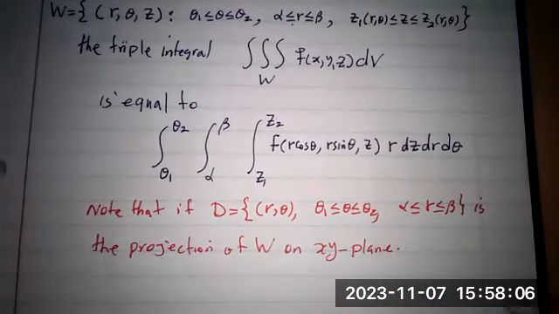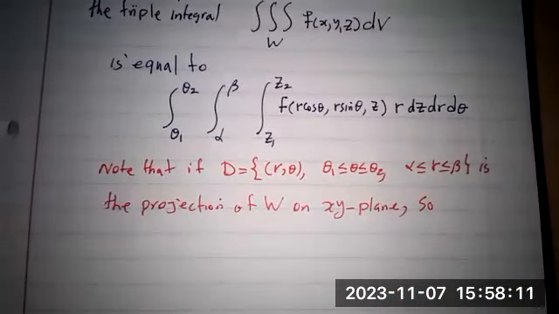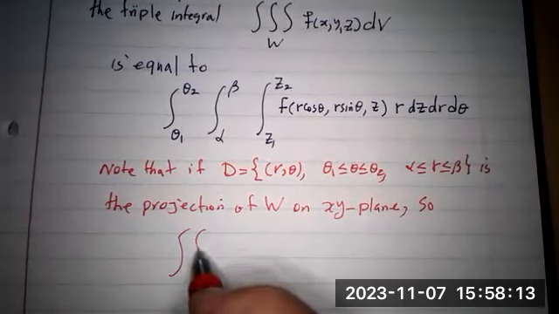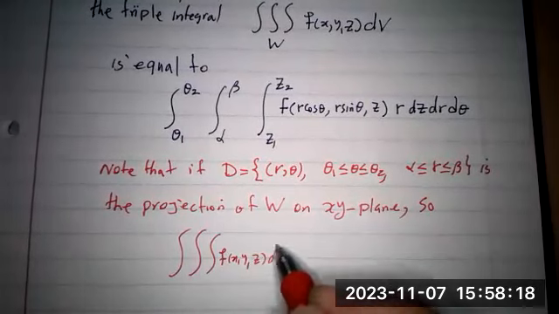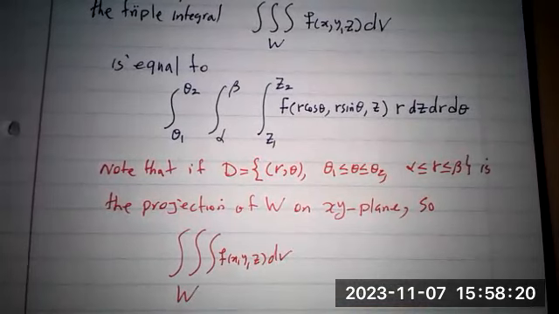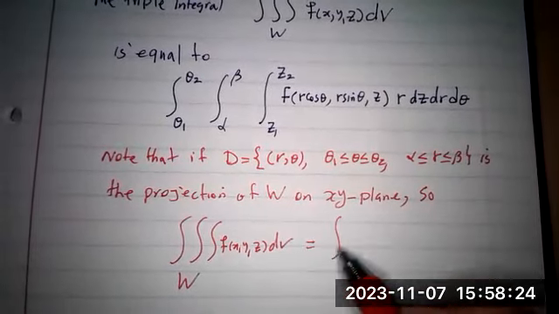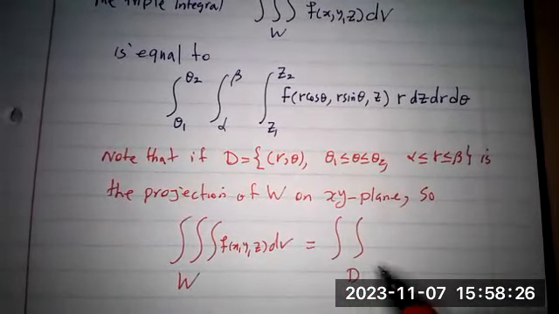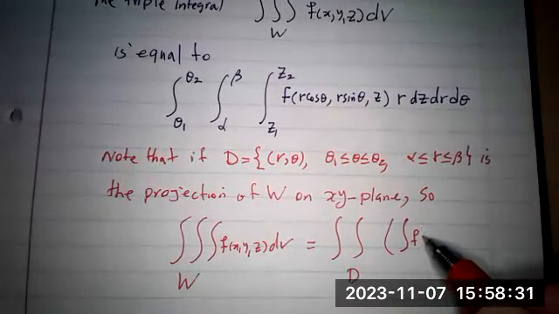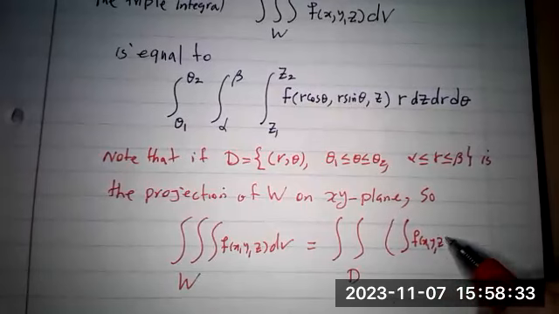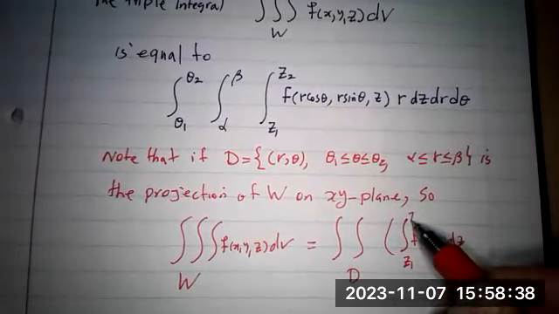For a better understanding, you can think of the triple integral of f of x, y, z dV over the region W like this: you keep the double integral as is on the region D, but you find the integral of f of x, y, z dz from z1 to z2 first.